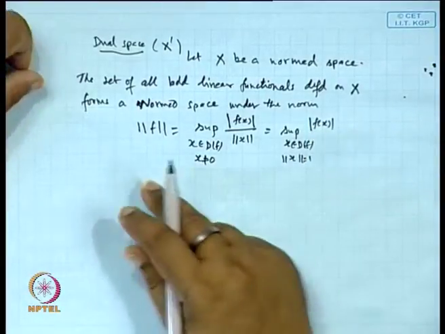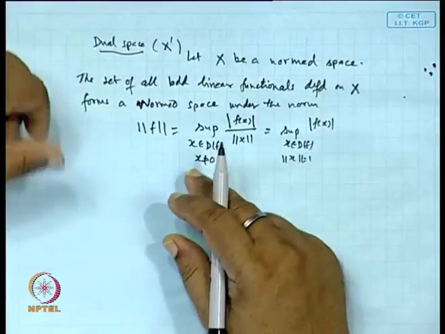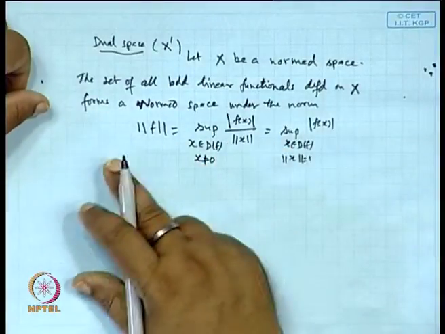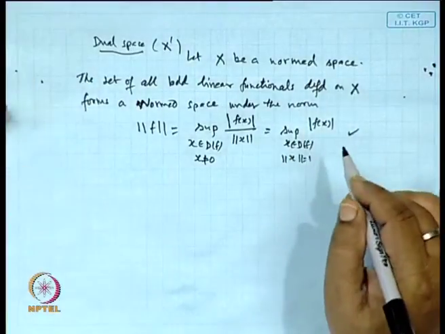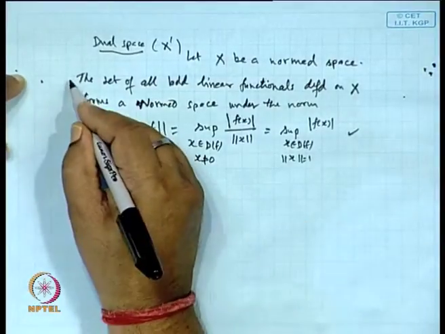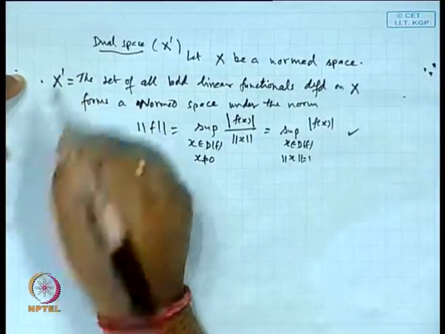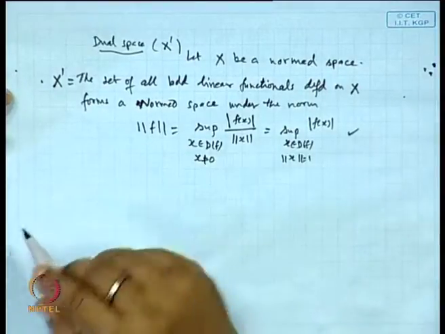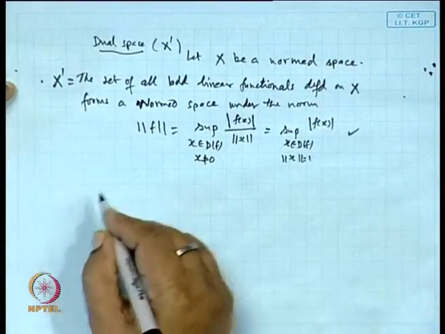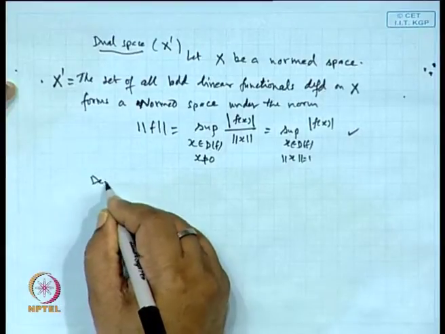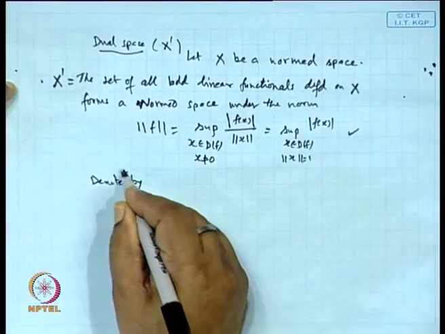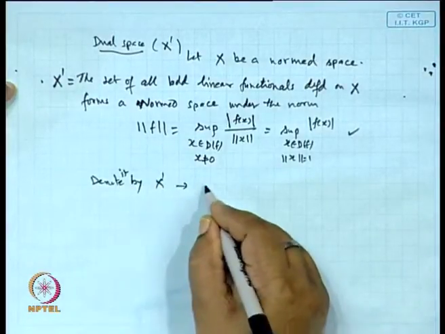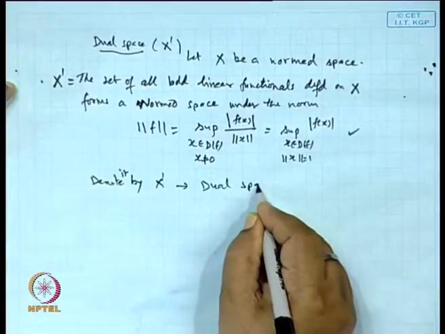In fact, the operations of addition and scalar multiplication will be the same as we discussed for operators, and this forms a norm space. This set of all bounded linear functionals defined on X we denote by X dash, and it is called the dual space of X.